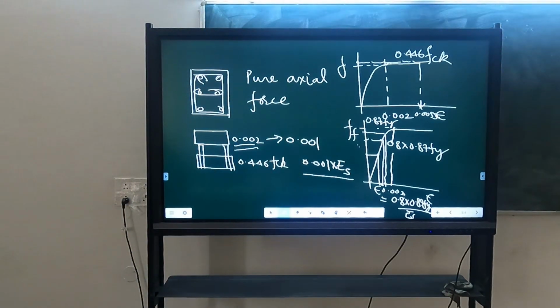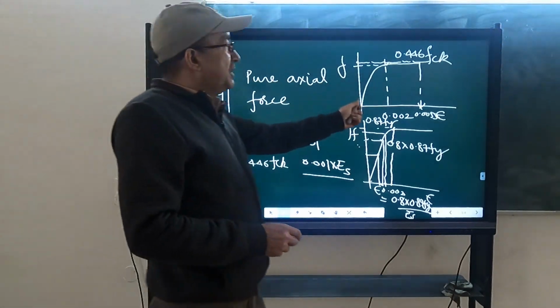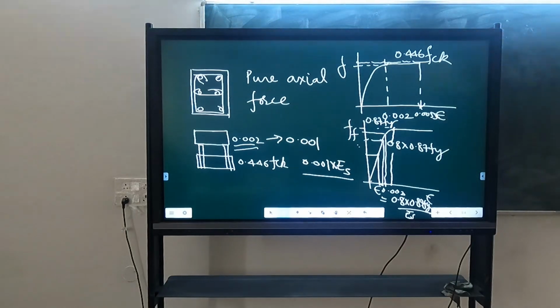This stress will be reached at a strain of 0.002. As soon as the strain reaches 0.002, if it is slightly less than 0.002, it will stop there. But if it is slightly more than 0.002, then at that load it will go on deforming. So 0.002 is giving us that limit state at which the maximum axial force is stable.